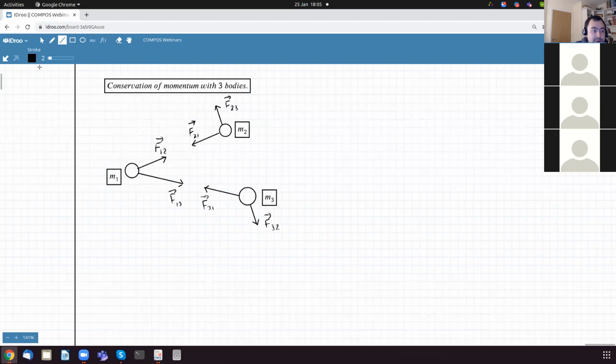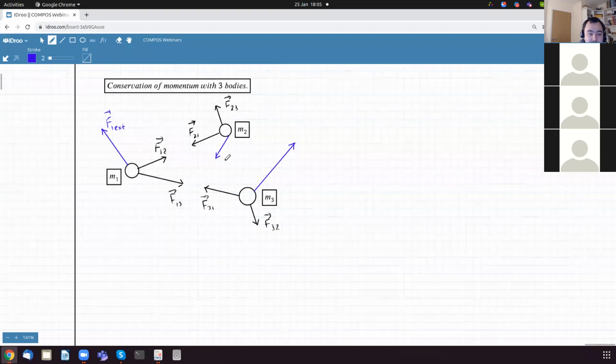And there are also external forces acting on each object. Let's call them F1 external, F2 external, and F3 external. Once again, we don't know the nature of those forces. It could be gravitational force, it could be some kind of propulsion system.